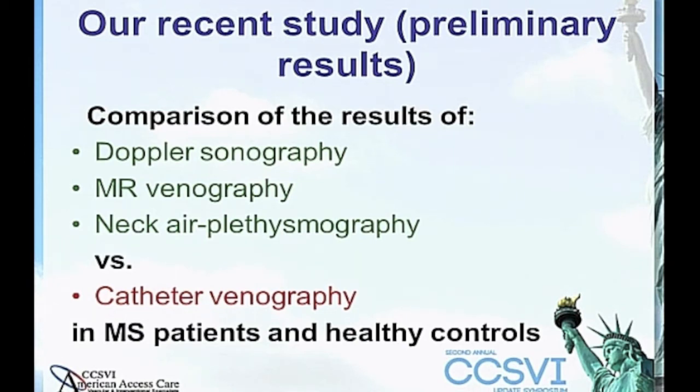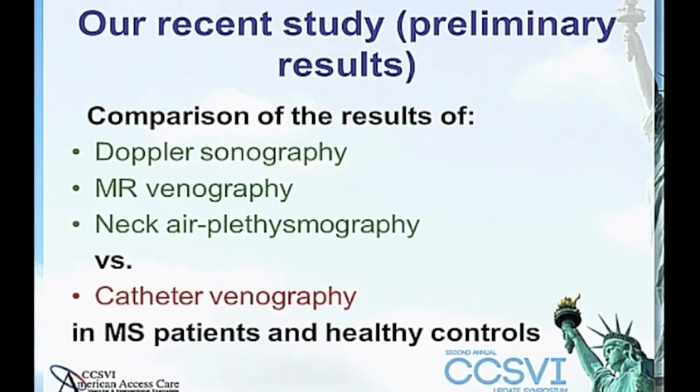This is our newly accepted study, and we plan to examine 150 MS patients and 50 controls. In MS patients the non-invasive tests are Doppler sonography, MRV and neck air plethysmography, and we compare these findings to catheter venography results.